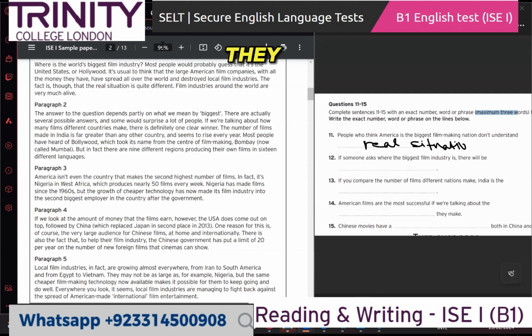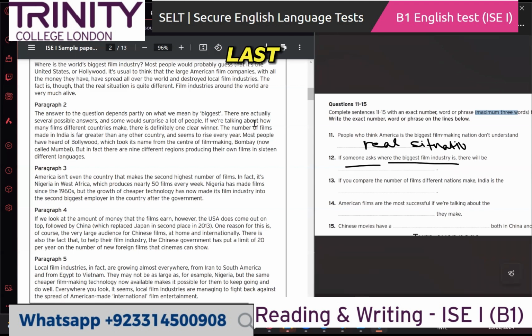See, they are asking if someone asks, meaning if someone questions. The answer to the question depends partly on what is meant by the biggest film industry, right? So we took our keyword from here, biggest film industry question.